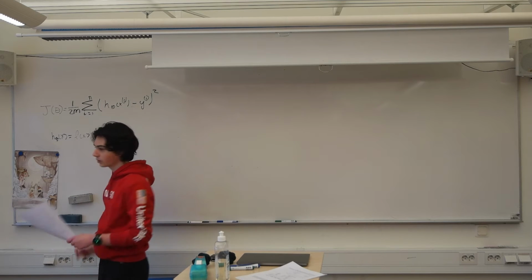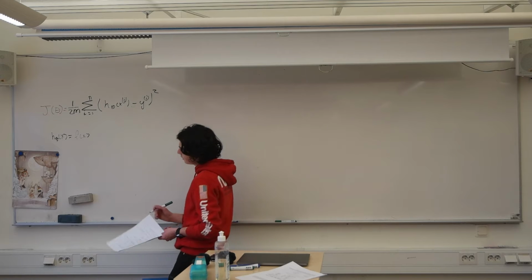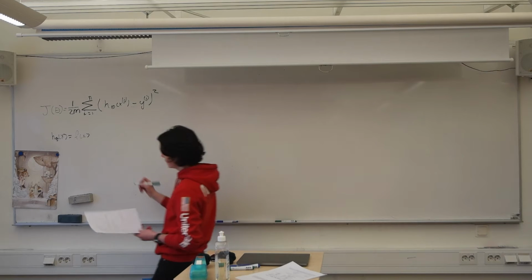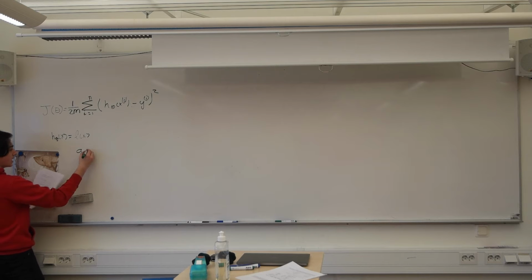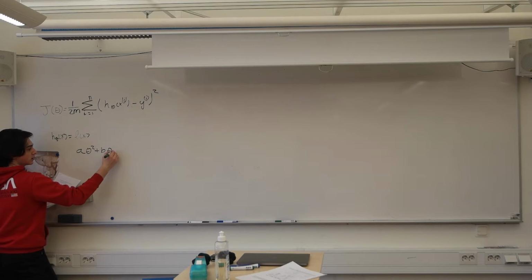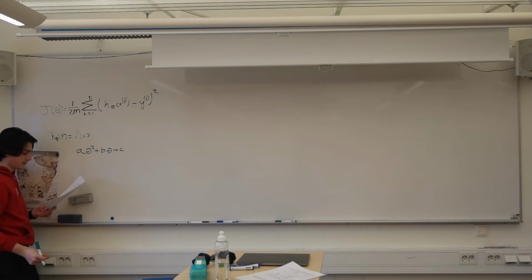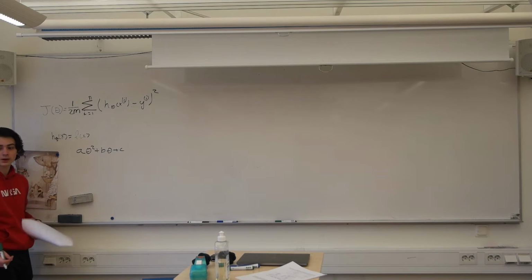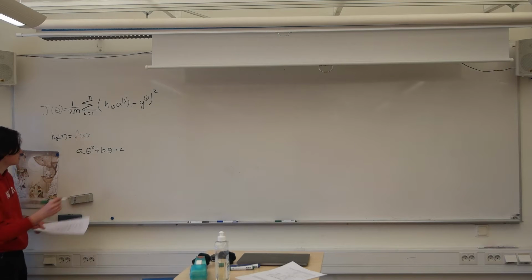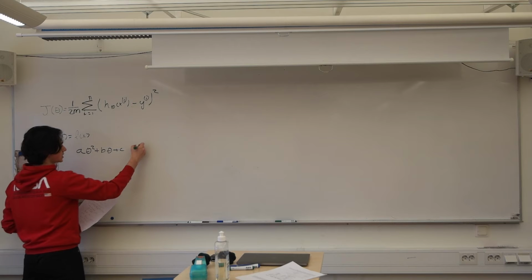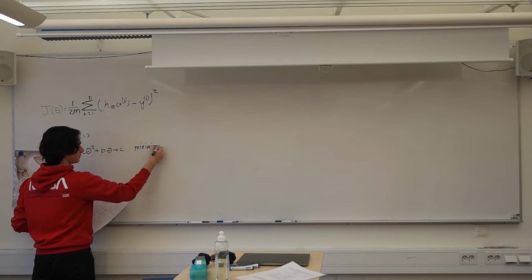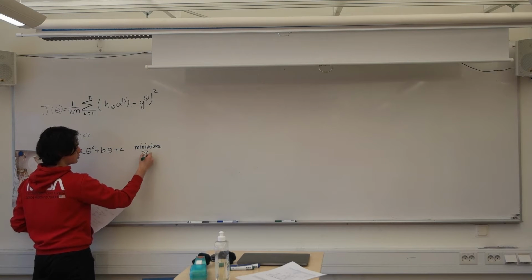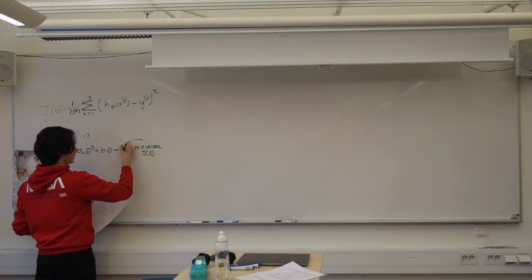Now, let's say we have a function a theta squared plus b theta plus c. That is a quadratic function, right? So let's say we want to minimize the cost of this. We're going to minimize over j of theta of that, right?